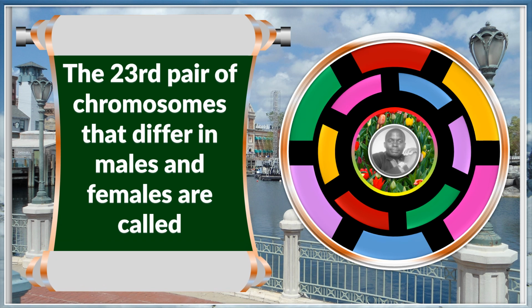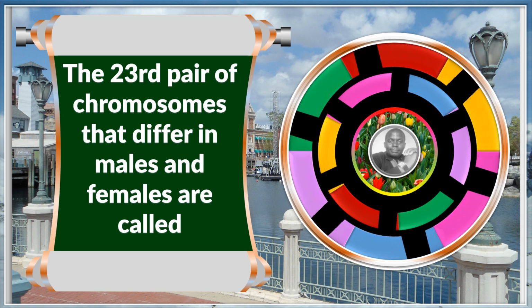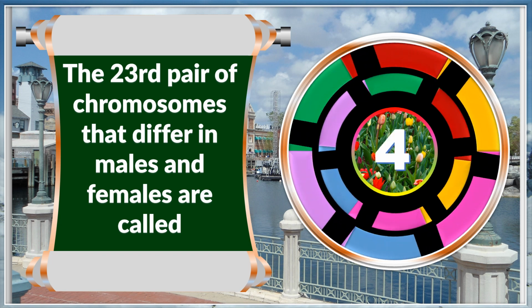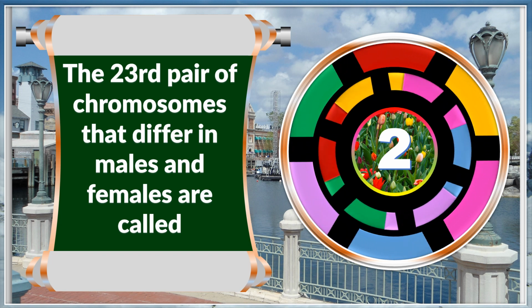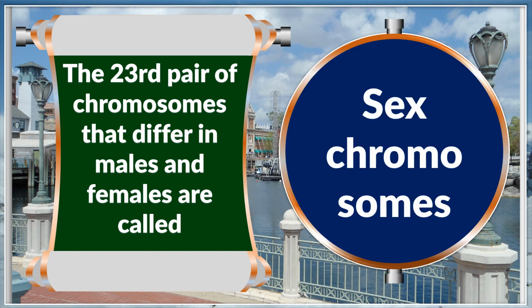The 23rd pair of chromosomes that differ in males and females are called sex chromosomes.